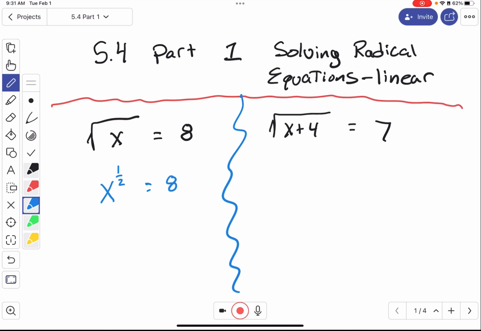And not that you would necessarily do it like this. You probably wouldn't do it like this. But as for an explanation of why this works really well with what we've been doing with the exponents. So remember, when we rewrite a radical in exponential form, our index goes in the denominator, the power is in the numerator. Now, we want to get x by itself.